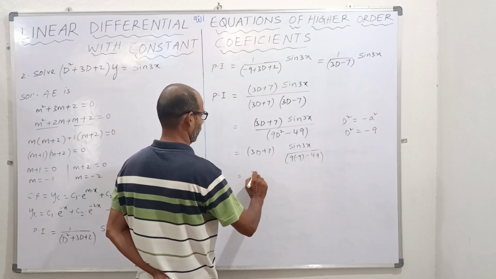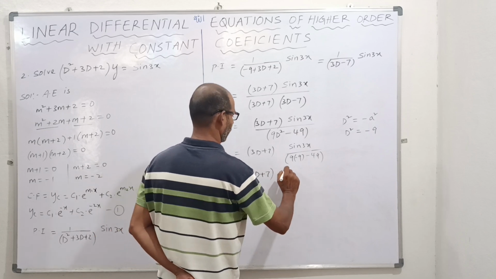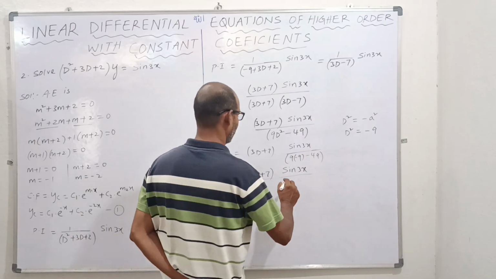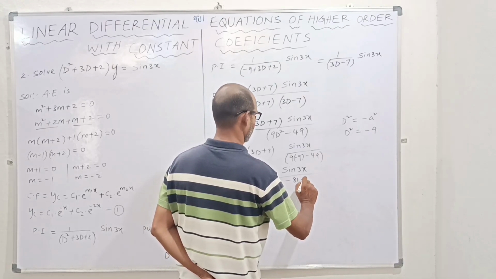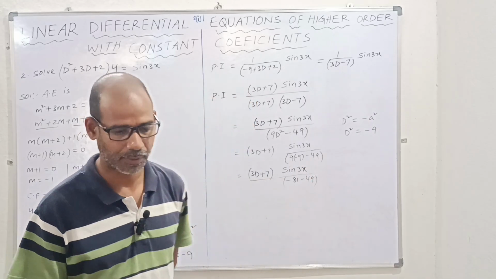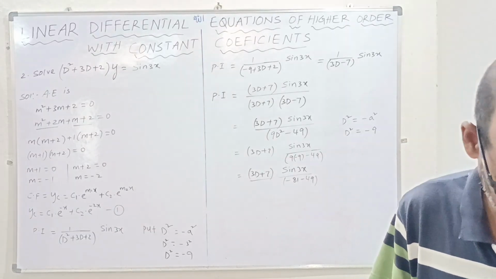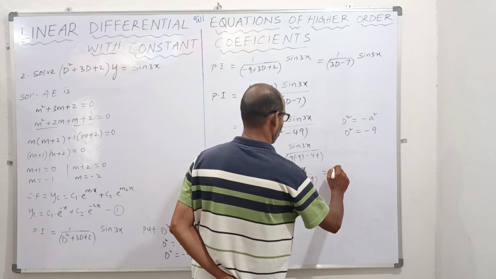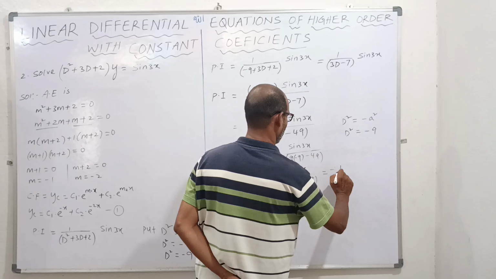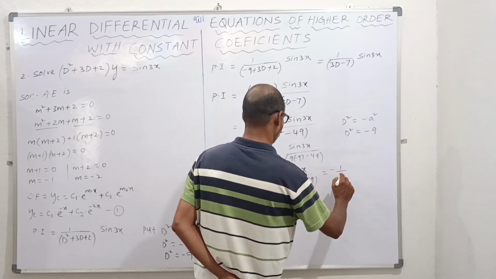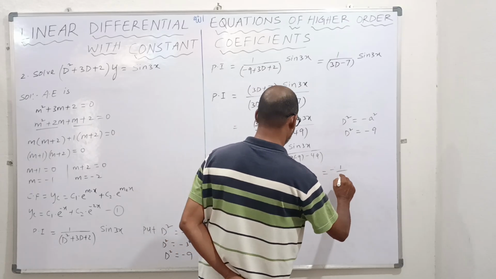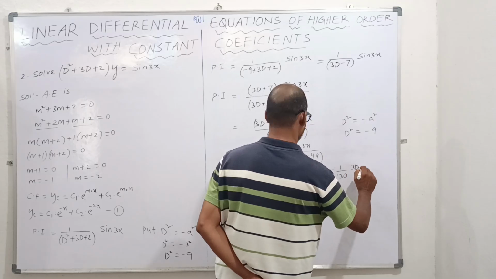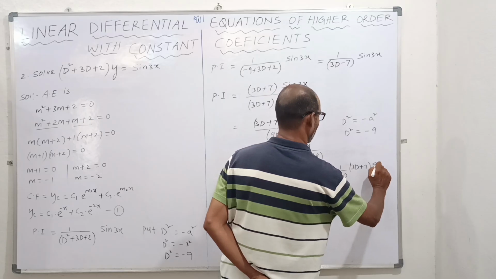This is equal to minus 1 upon 130 into 3D plus 7 into sine 3x.